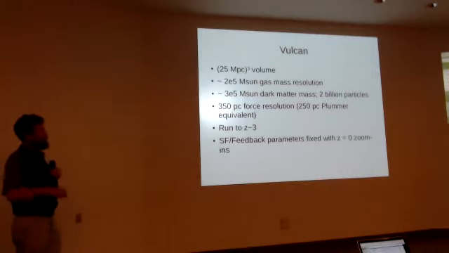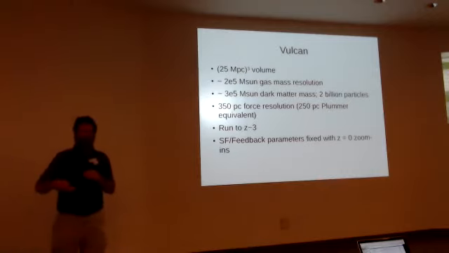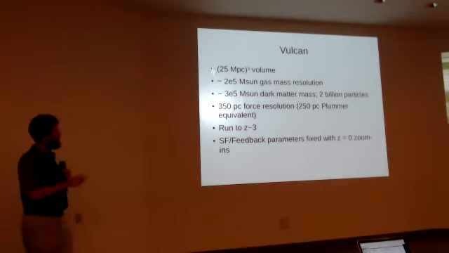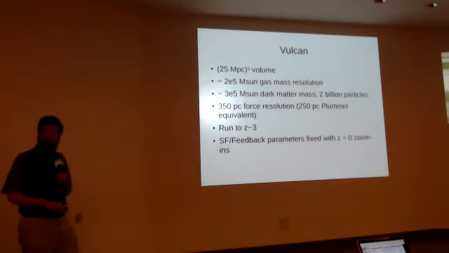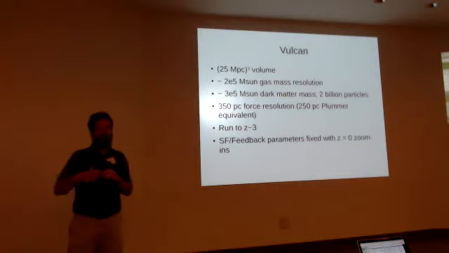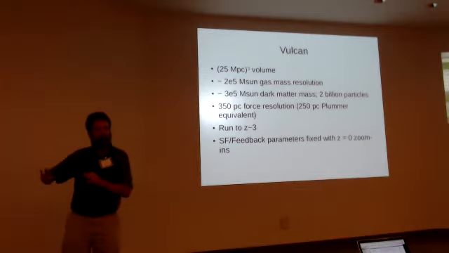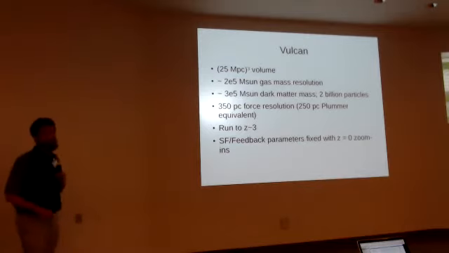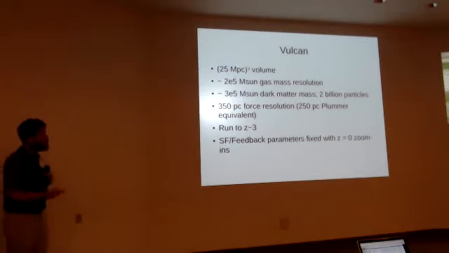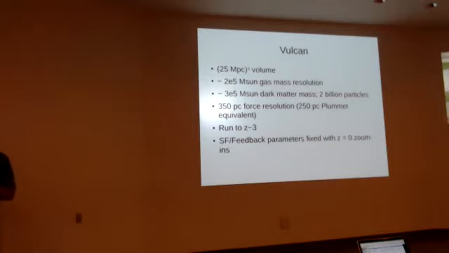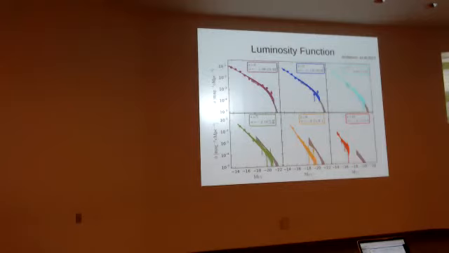But the parameters, in some sense, this is no parameters because we set all the parameters with our z equals 0 zoom-ins. So we take those parameters we got from the zoom-ins and apply them to this volume and see if we can reproduce, for example, the luminosity function of the CANDELS galaxies.